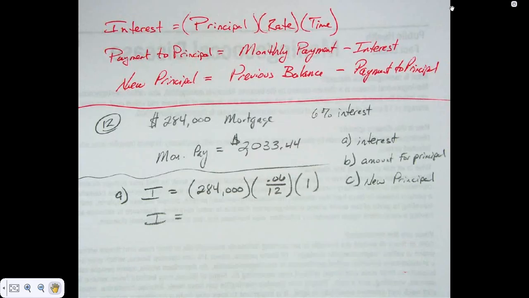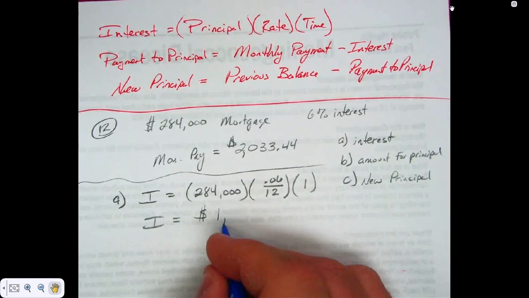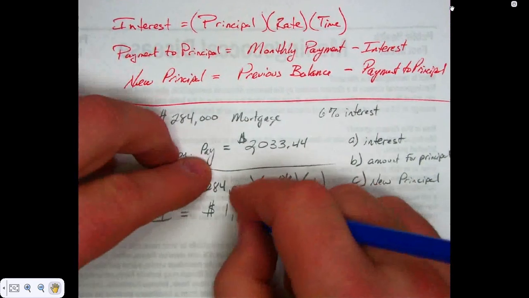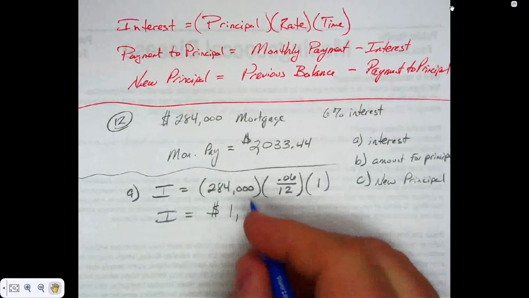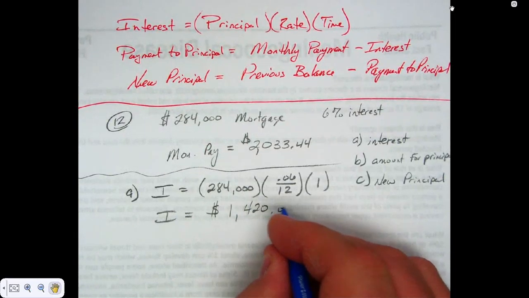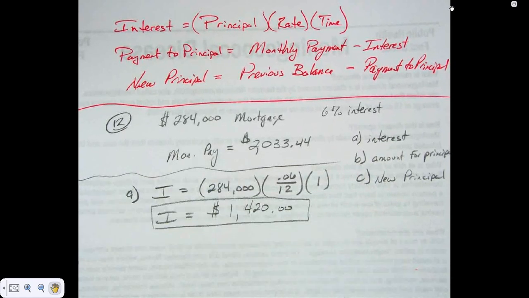Well, what do we get when we multiply that out? 1,420. Okay, I'm sorry. And 0 cents. So that is your interest.